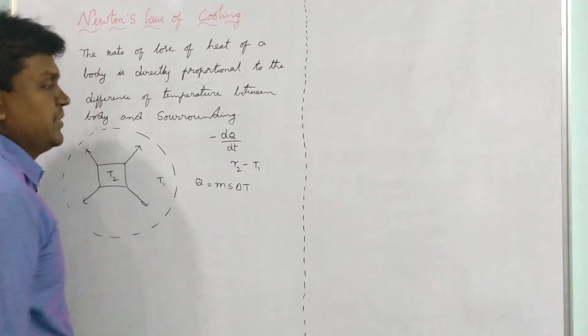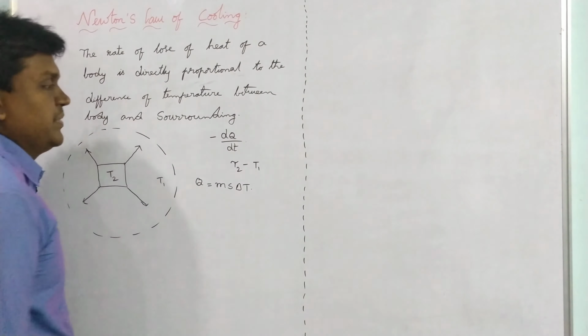T2 is losing a small temperature, so the fall in temperature is dT2. And here the heat Q can be written as Q equals m s dT2, the change in temperature being dT2.